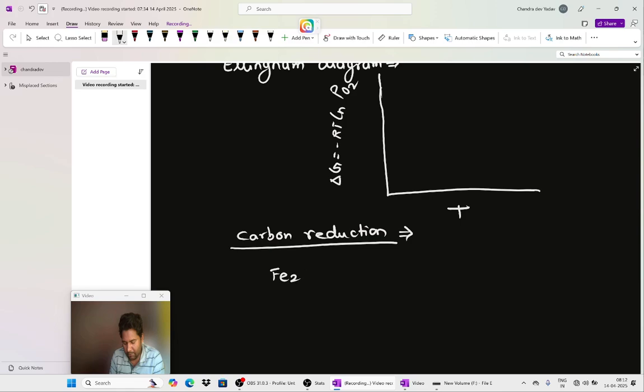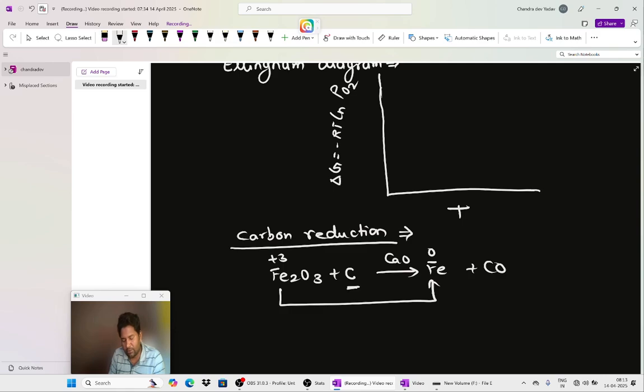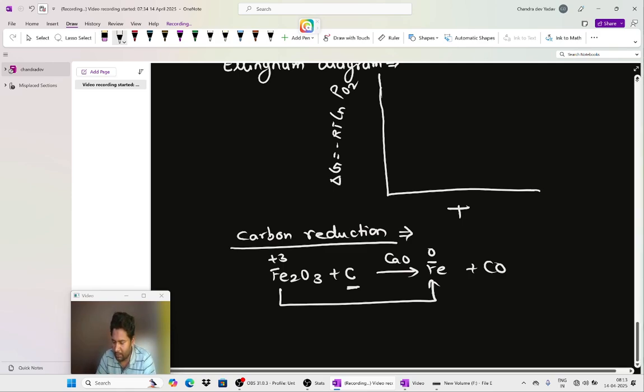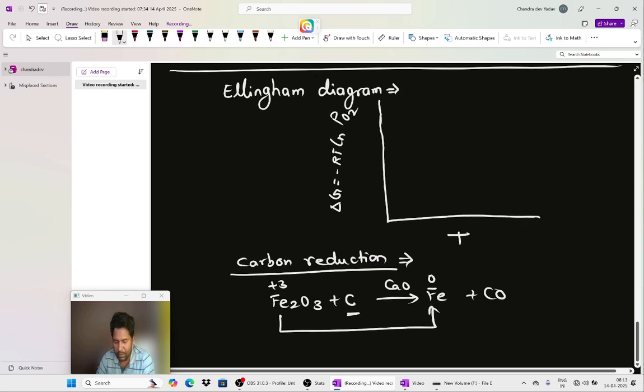Suppose Fe2O3 in the presence of carbon will reduce into Fe and CO. So here is plus 3, here is 0. So the metal undergoes reduction. Why? Because of the addition of carbon. So it is called carbon reduction. The Ellingham diagram explains the carbon reduction.